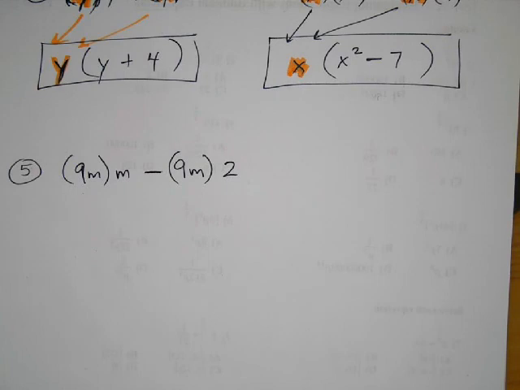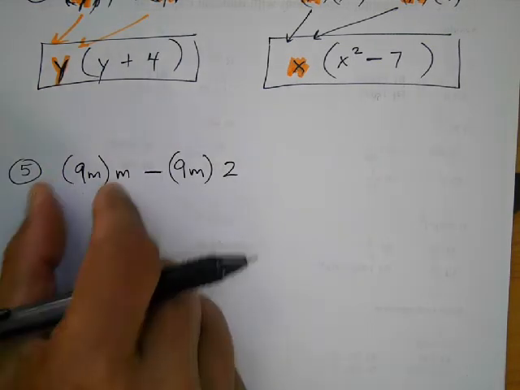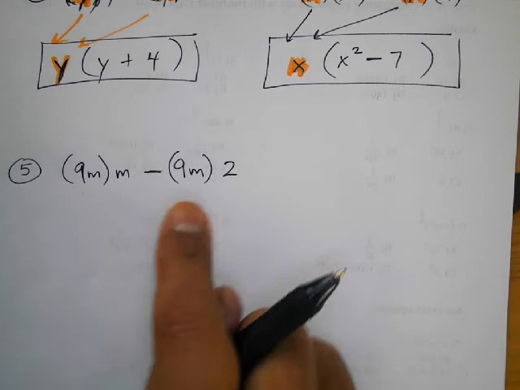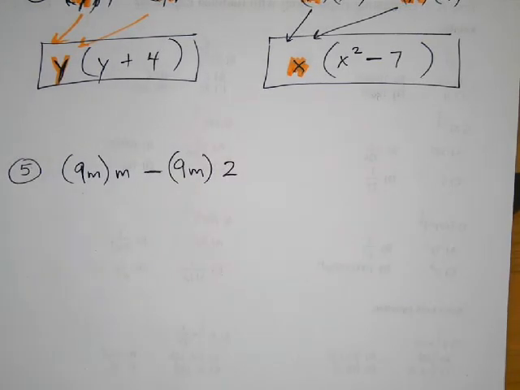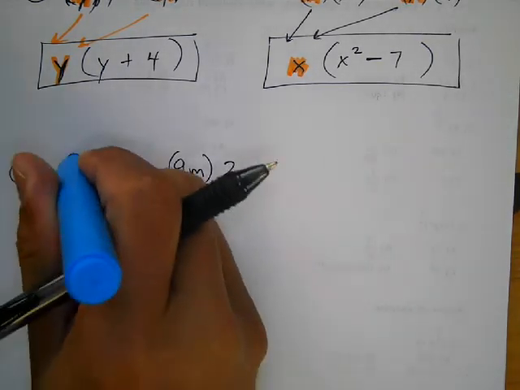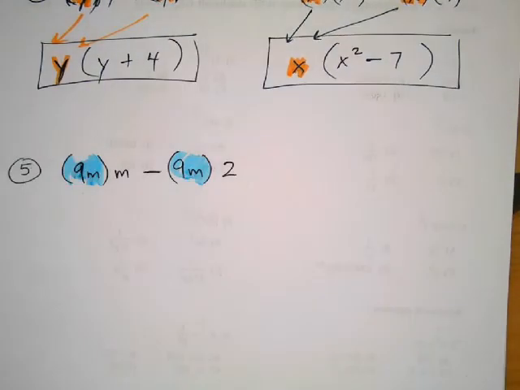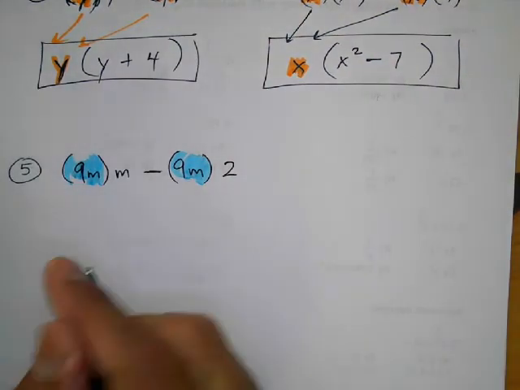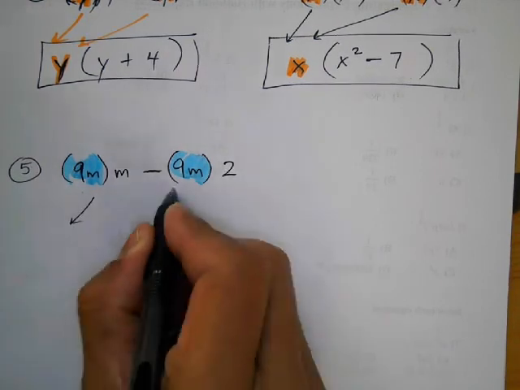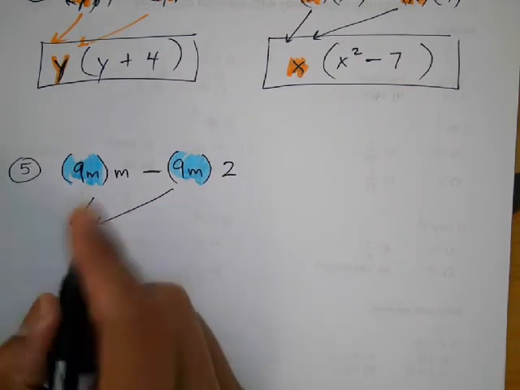When you're writing this, you can see what's repeating, or what's common. What's common in this term and this term? The 9m. So we got 9m. That is the common factor.